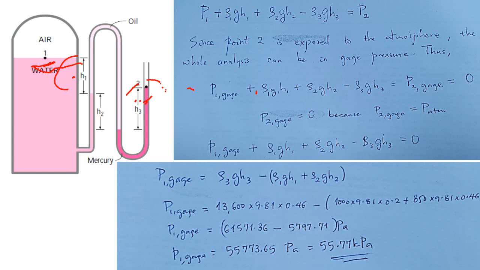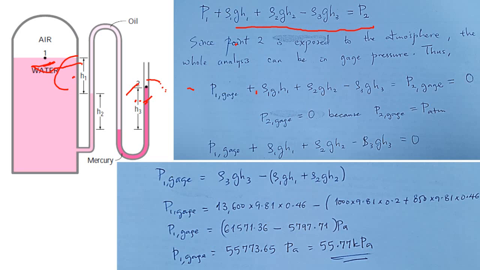Not only that, we have intermediate points at the end of H1, at the end of H2, and at the end of H3, which actually is going to be point 2. So you can see over here on top the equation that we will get.